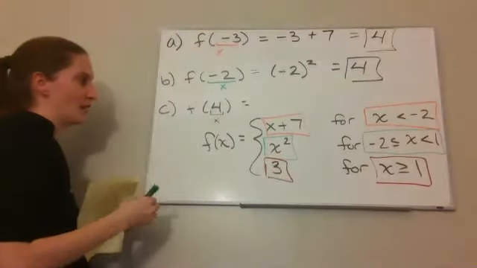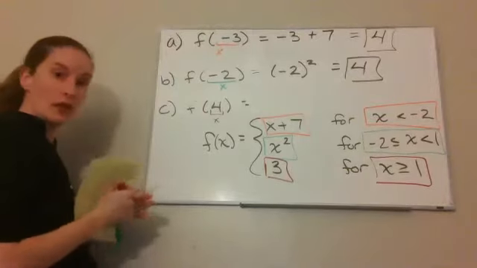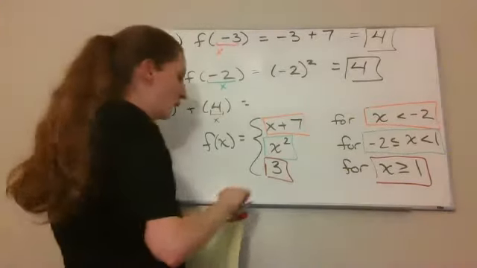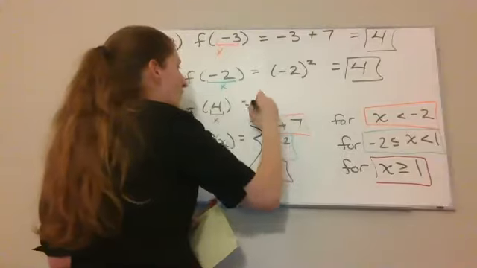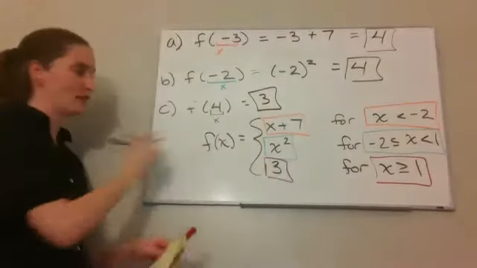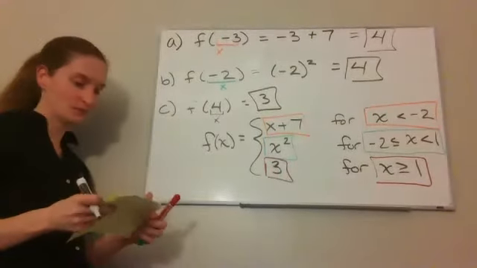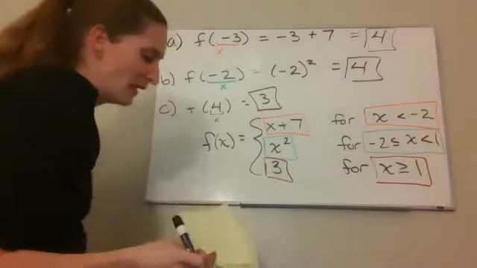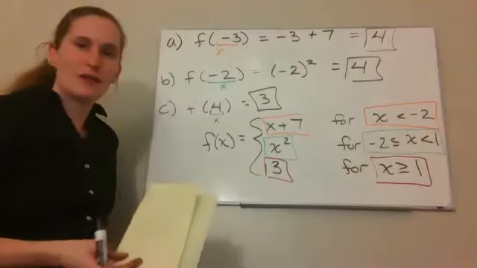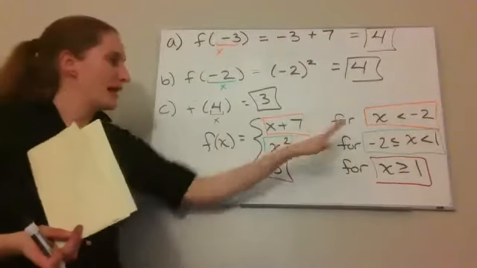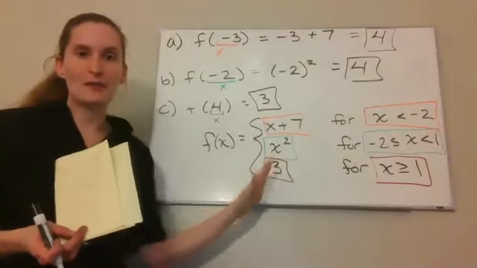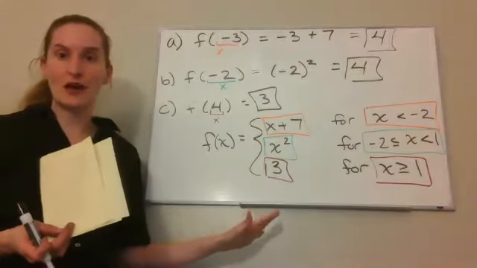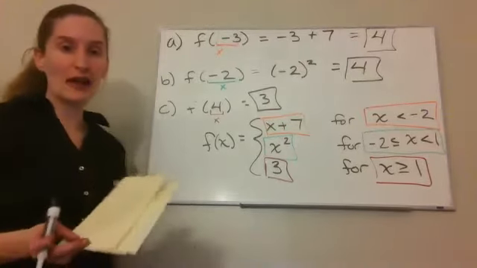So this means that my function is equal to 3. So f of 4 is equal to 3, using that last definition for my function. All right, so that's how you evaluate a piecewise function. You figure out where the input matches all of our rules here, and then pick the appropriate definition for f for that particular x value.